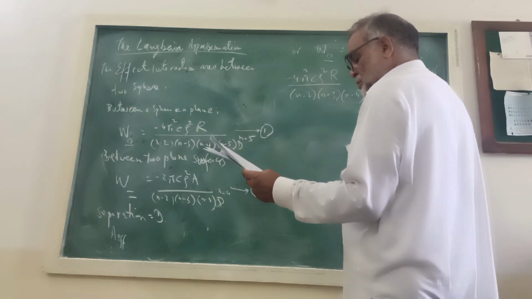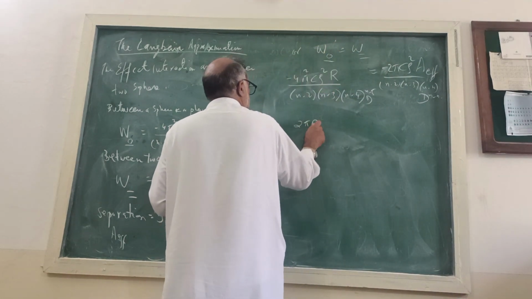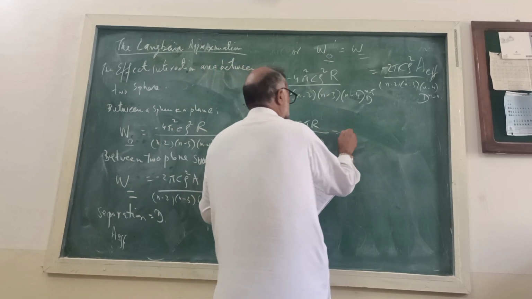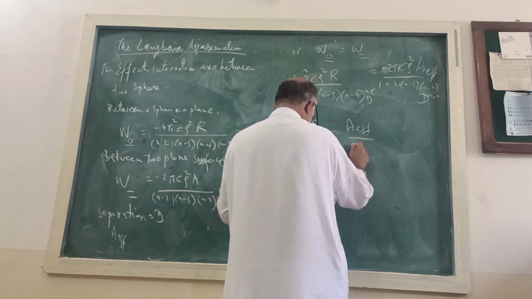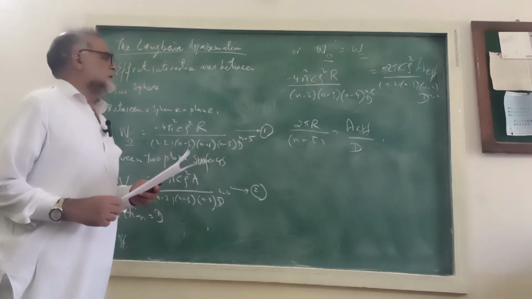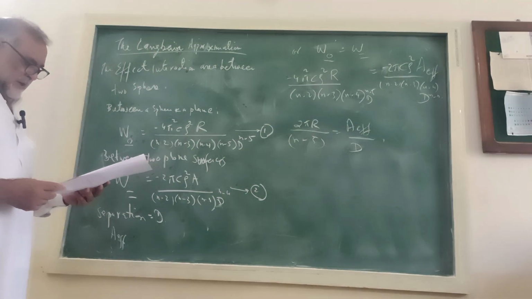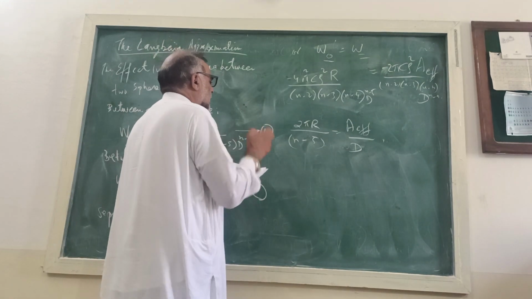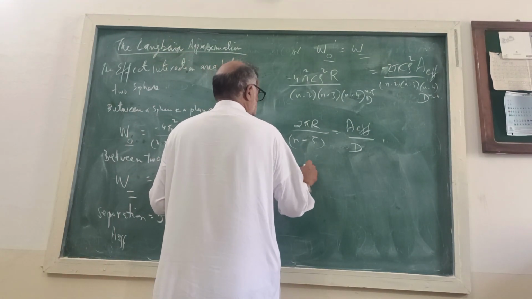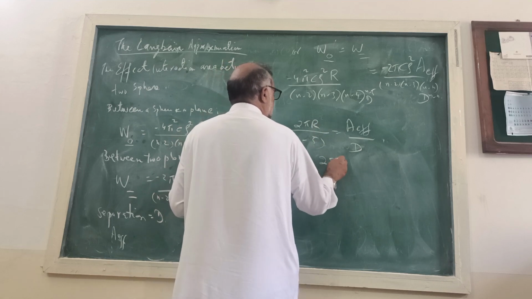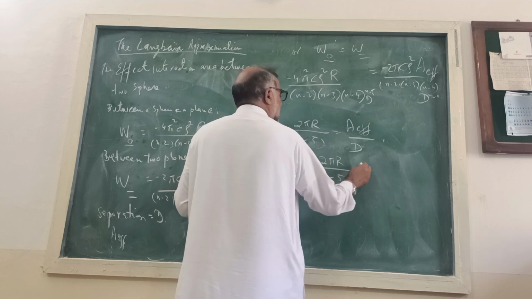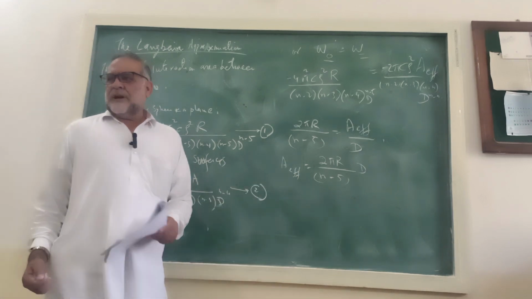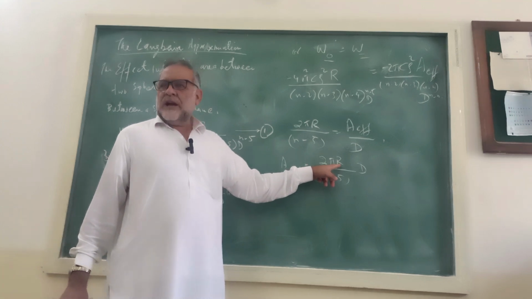Equating the two equations, I get 2 pi R over n minus 5 equals A effective over D. So A effective equals 2 pi R D over (n minus 5), the effective area between a sphere and a plane.